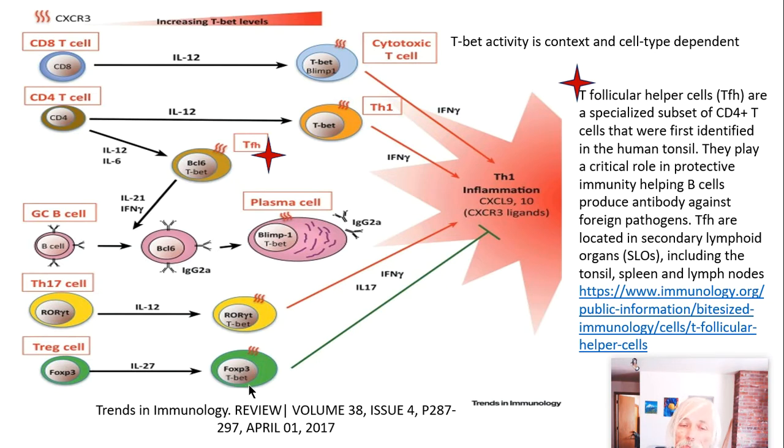So you've got FOXP3, T-bet transcription factors, you've got the chemokine receptor, and when you make that, you make a T-regulatory cell. That's going to suppress all this inflammation. See, all that Th1-induced inflammation is going to tank. That's what this green is supposed to show. It's going to slow it down. So we need T-regulatory cells because they're going to control the inflammation response so it doesn't overdo that induction.